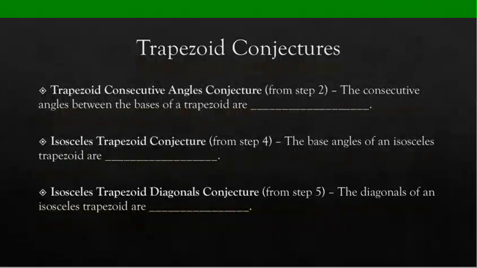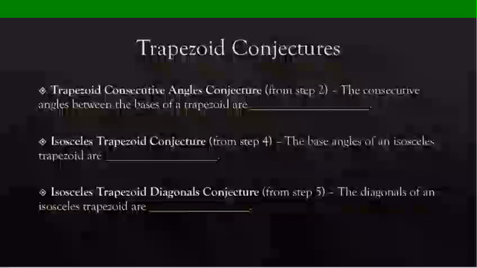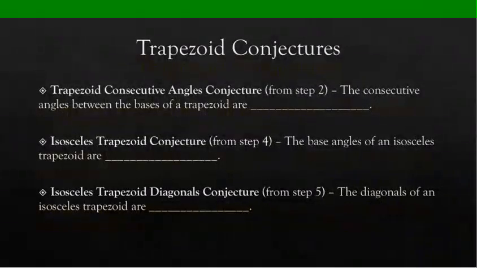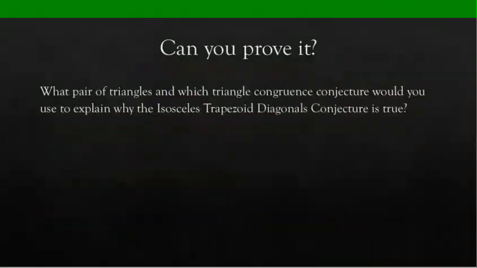Also from our isosceles trapezoid, we found that the diagonals are congruent. They measured the same length on our trapezoid. So what pair of triangles and which triangle congruence conjecture would you use to explain why the isosceles trapezoid diagonals are congruent?